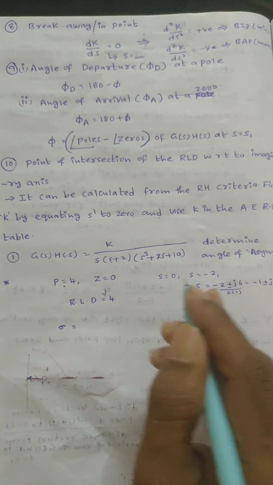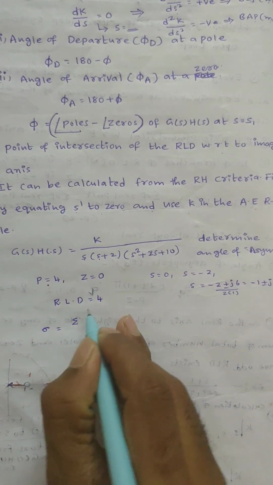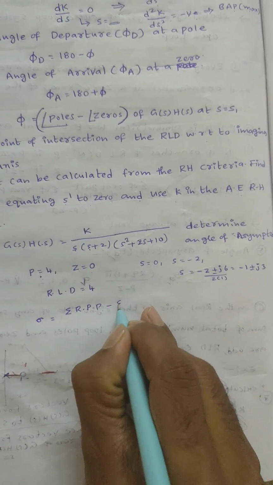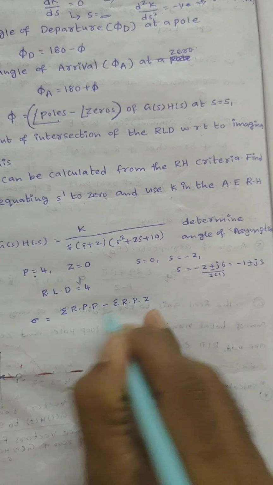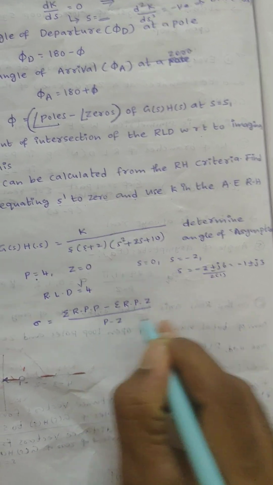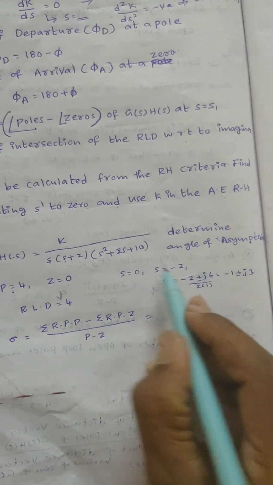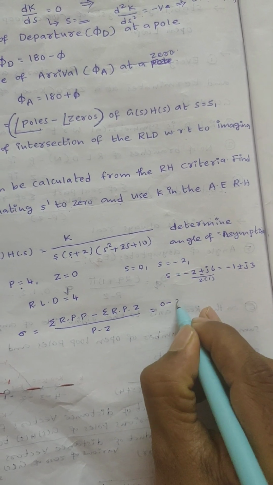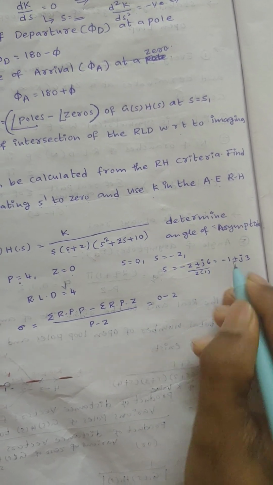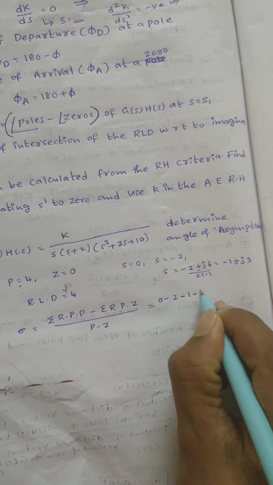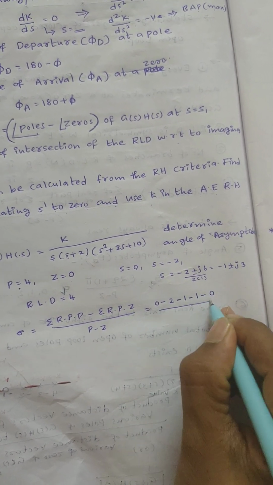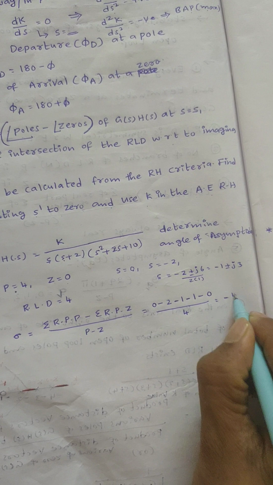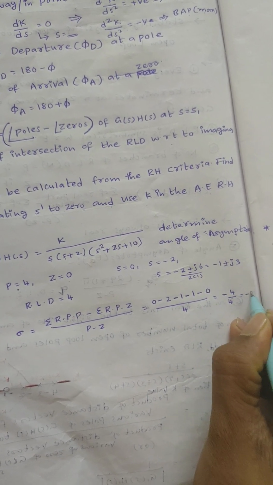Centroid sigma is equal to the sum of real parts of poles minus the sum of real parts of zeros, divided by P minus Z. The real parts of the poles are 0, -2, and -1, -1, since that pair is repeated. No zeros are present, so 0. P minus Z is 4, so the centroid is -4 by 4. You will get the centroid as -1.